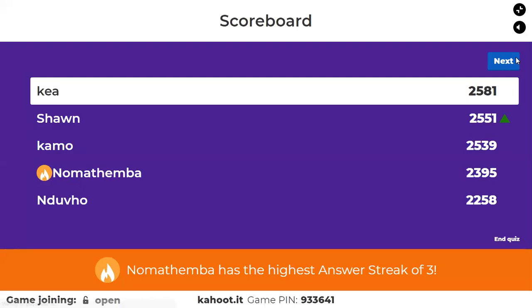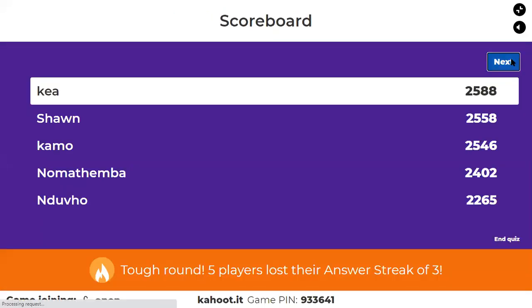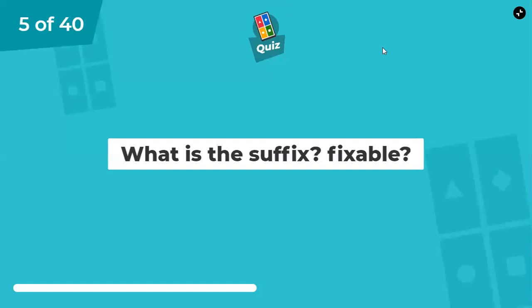What is the suffix in the word hopeful? Not sure what happened here. Okay, the next one. What is the suffix in the word fixable?